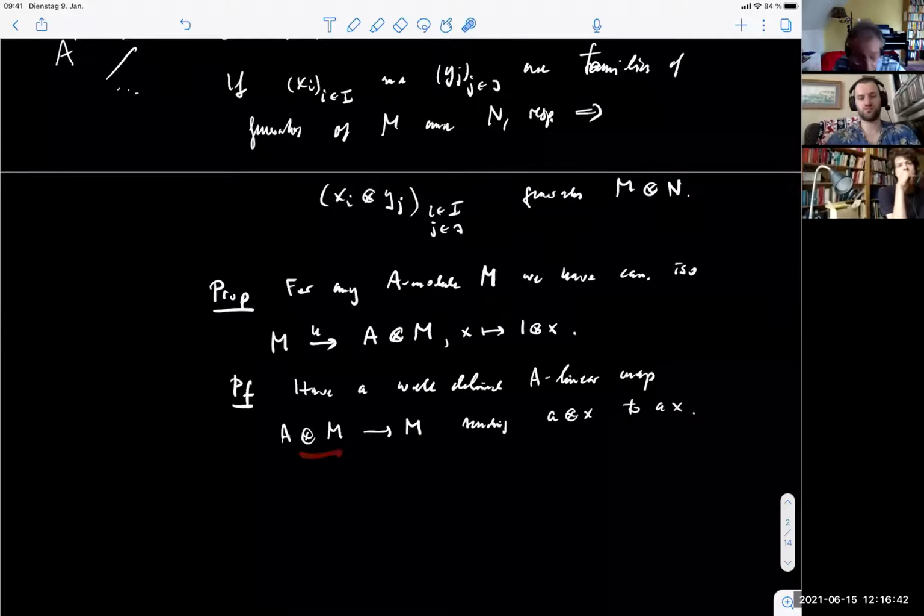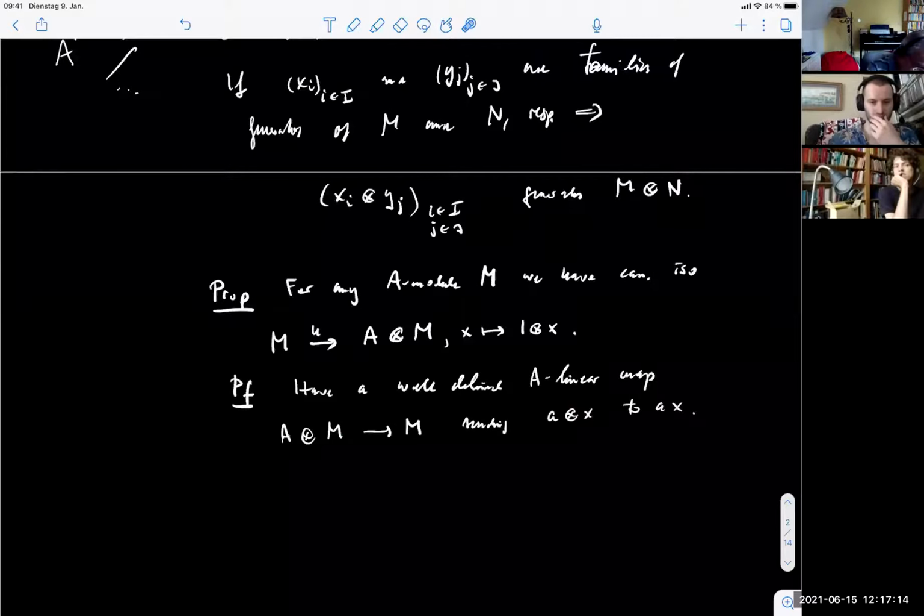I know every element of the module is a sum of those. This is true by the remark, but it's not unique. So how can I define it this way? It's not clear. In linear algebra over fields, you can say I have a basis, and where do the basis elements go? But there is no basis here. So what can we do? Well, the answer is the universal property.